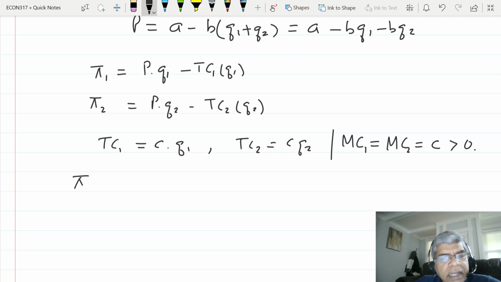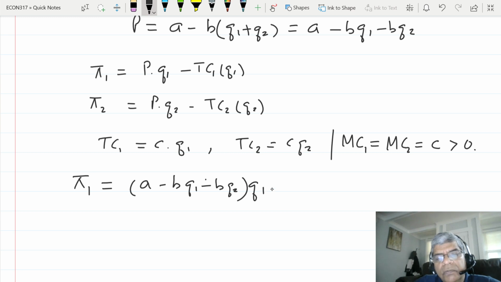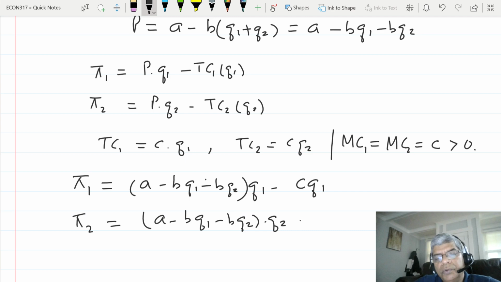Given this, I can write down the profit now as A minus BQ1 minus BQ2, that's the price, times the quantity Q1 minus CQ1. I could write the profit for firm 2 in similar manner: A minus BQ1 minus BQ2 times Q2 minus C times Q2.